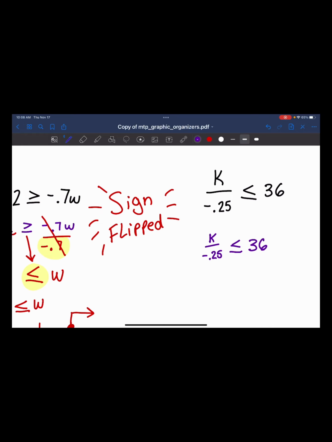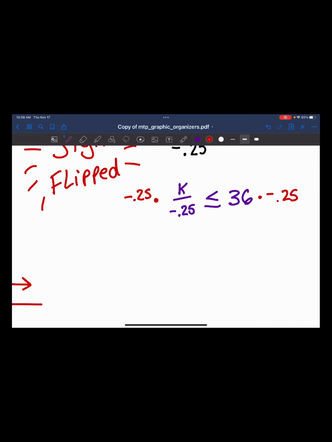Okay, so we need to multiply both sides by -0.25. The alarm should be going off in your heads. We just multiplied both sides by a negative, which means my sign is going to flip. These ones would cancel out, which would leave me with just k.